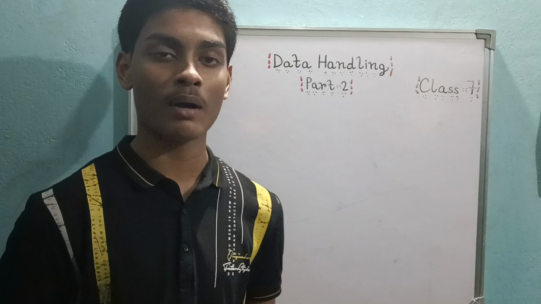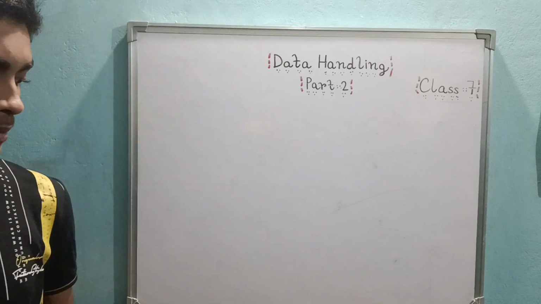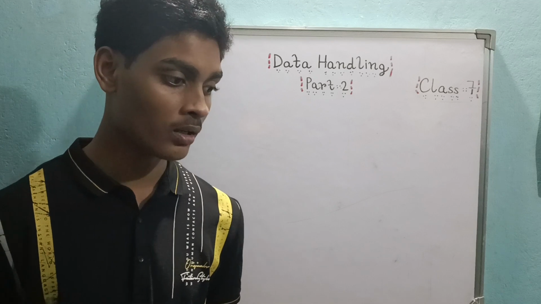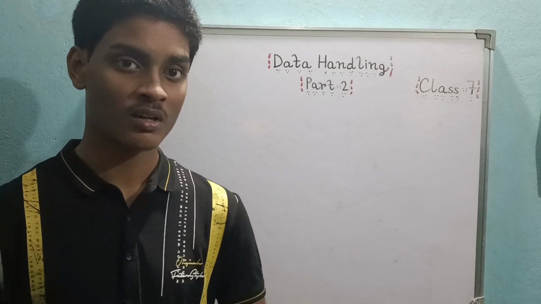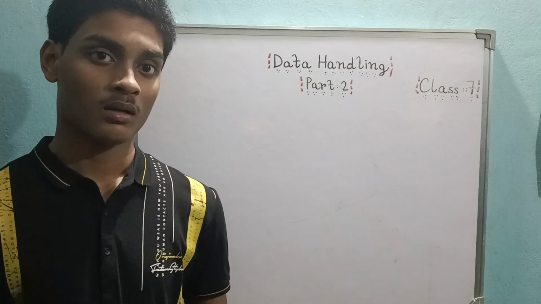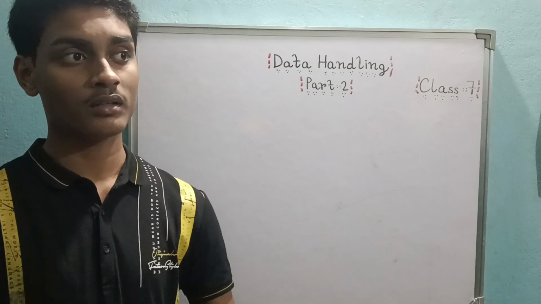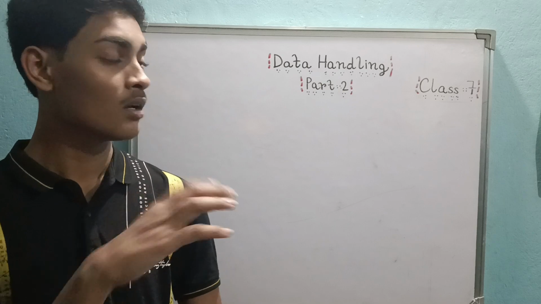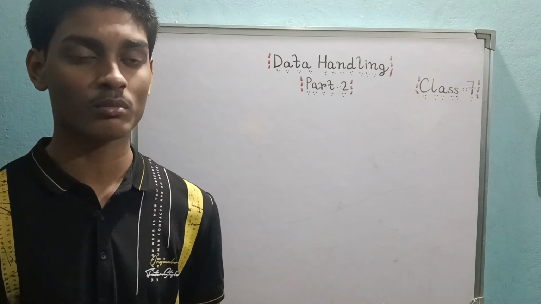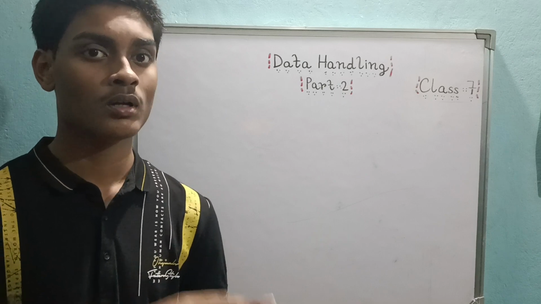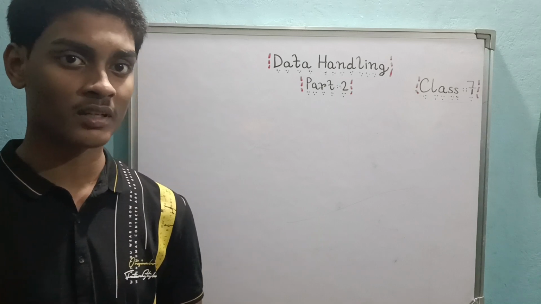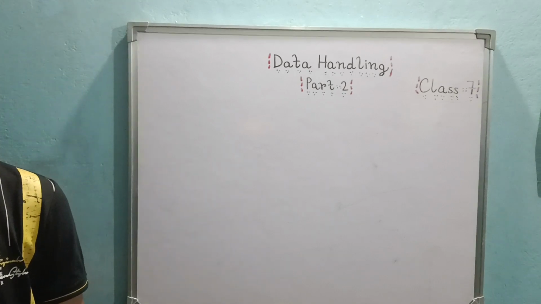So data handling part 2. In part 1 we learned about the frequency distribution table. We learned the range, how to form a table, different types of data, and how we can convert jumbled data into a frequency distribution table. In a frequency distribution table we have a data column, where the respective units of the data set are represented. We have a tally column and a frequency column.